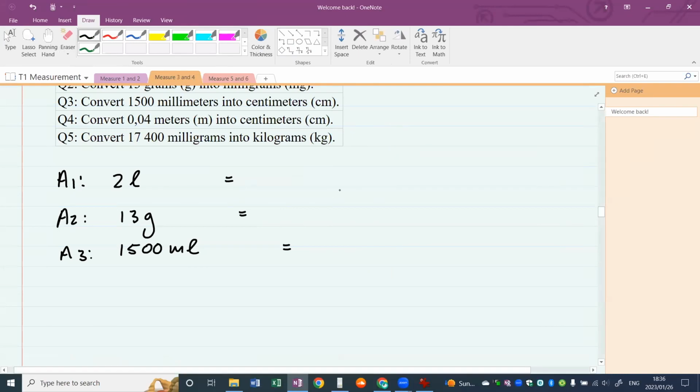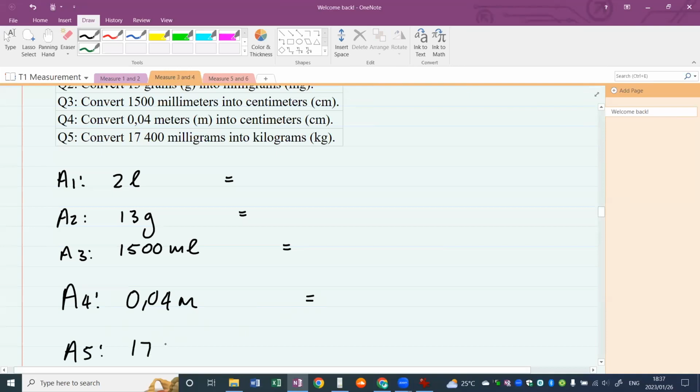Everyone should be done, or at least nearly done. We'll wait a little bit more. Sakile is done. Well done, Sakile. They're ready for the corrections now.